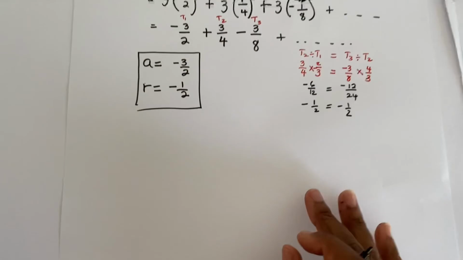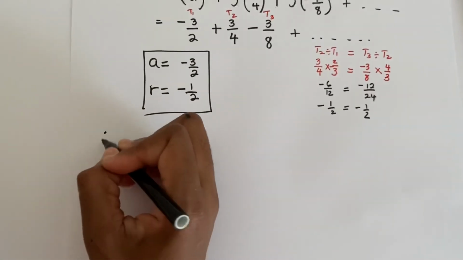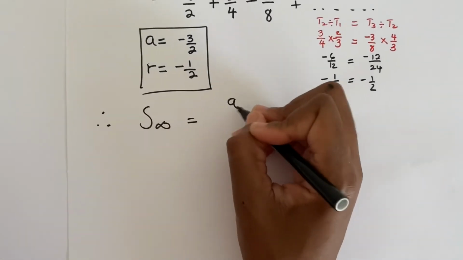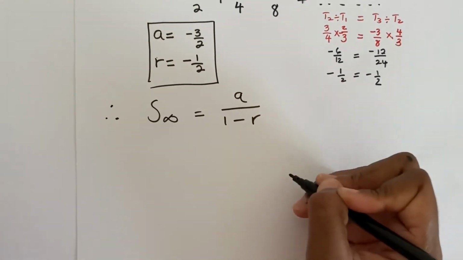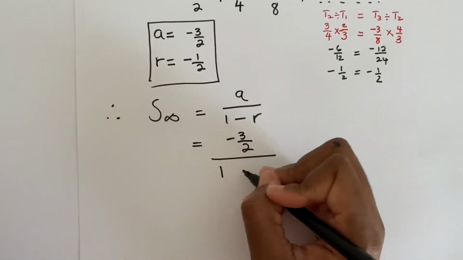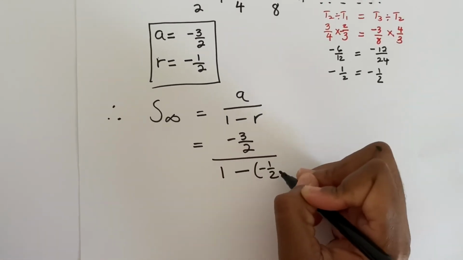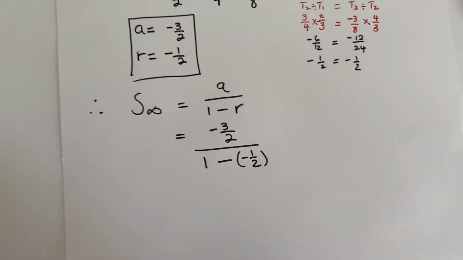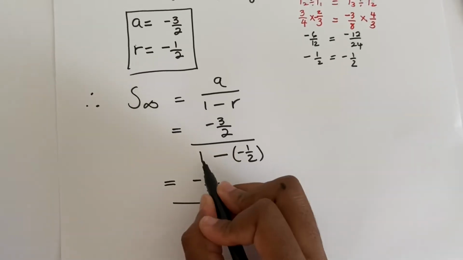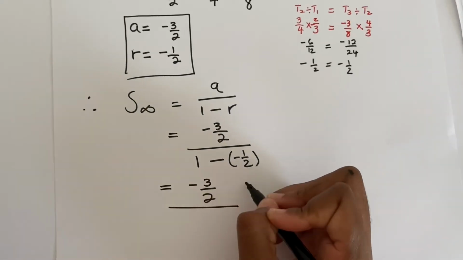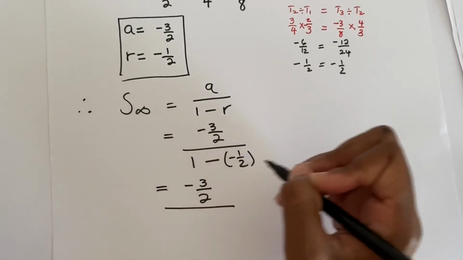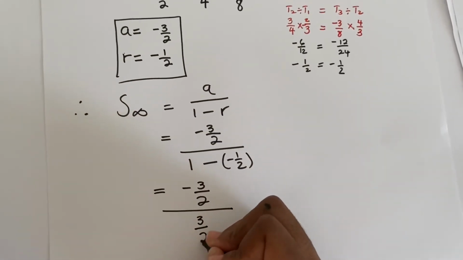So now that I have my common ratio, since I know S to infinity is a over 1 minus r, and I know what a is and what r is, what is that equal to? That is -3/2 over 1 minus -1/2. Once again, that is 1 plus 1/2, and 1 plus 1/2 is 3/2.